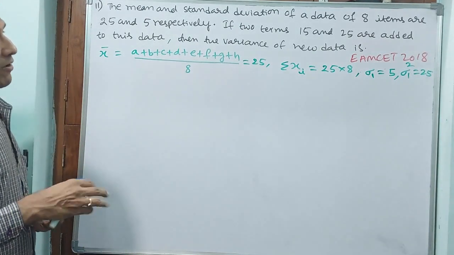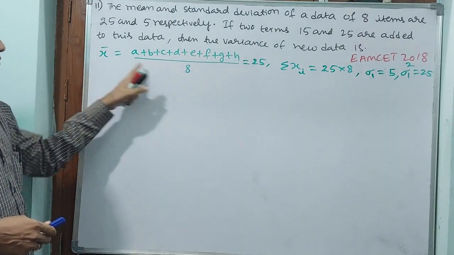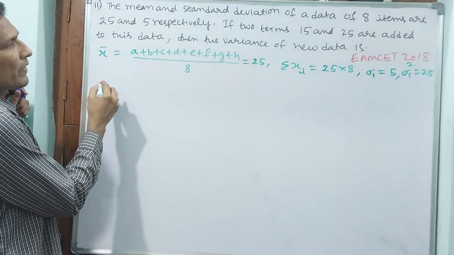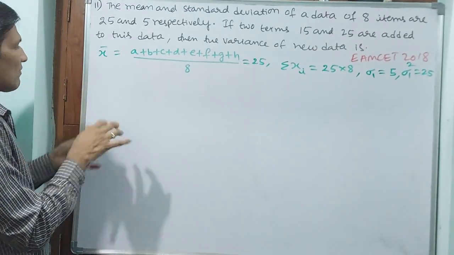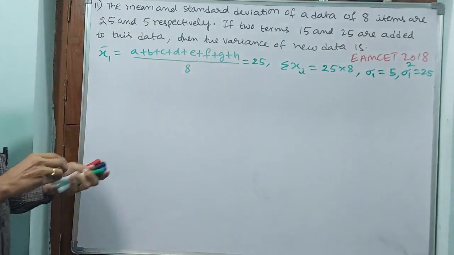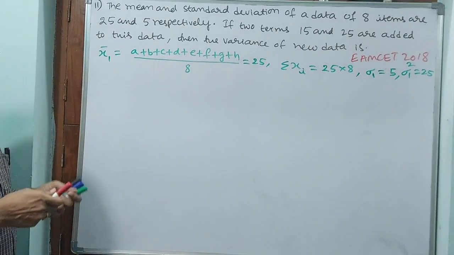Now this formula, we will write. Sigma 1 square, why have we taken 1? Here also we have to take 1, because now we are going to change the second one. So let us take 1 only.